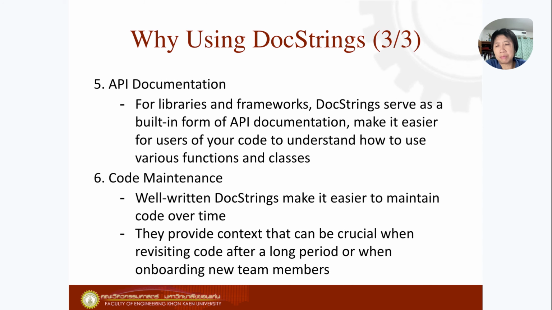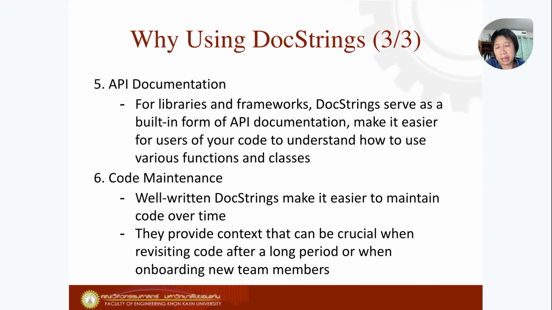And if we implement an API, which stands for Application Programming Interface, it's like the methods and functions that can be used across computers on the network by calling the API. Then docstrings serve as a built-in form of API documentation, making it easier for users of your code to understand how to use various functions and classes.